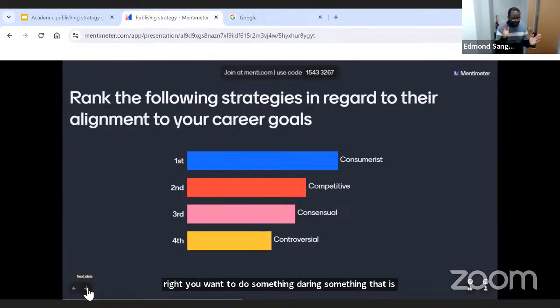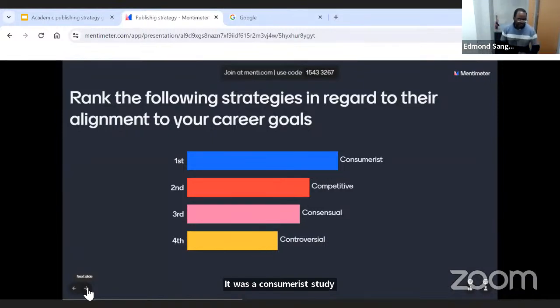I had the privilege really of having my second publication to be a controversial research article. My first publication, unfortunately, was in a predatory journal. It was more of a competitive study, really, when I was actually the first person to find a certain carcinogen in foods that are prepared traditionally in Africa.